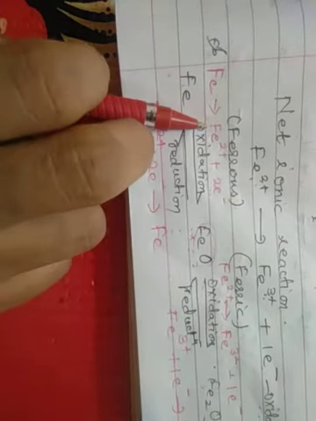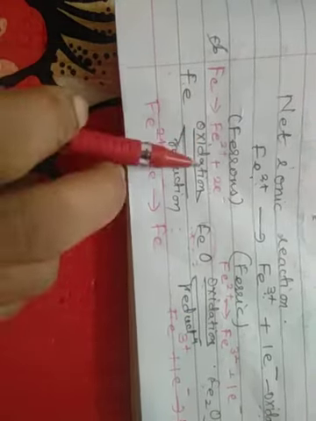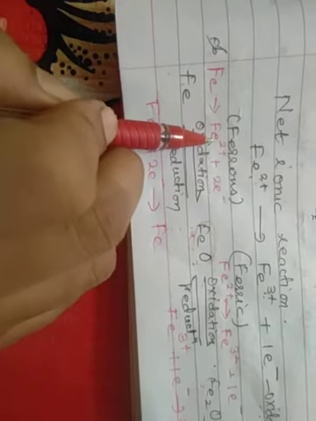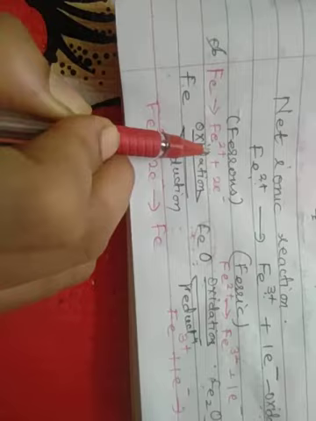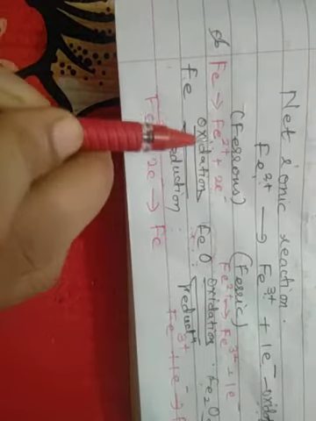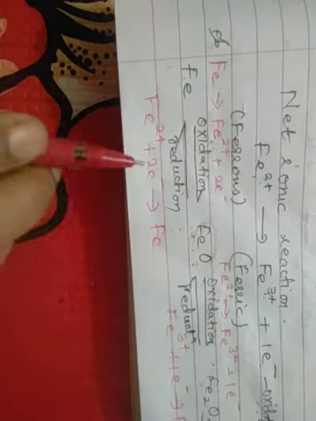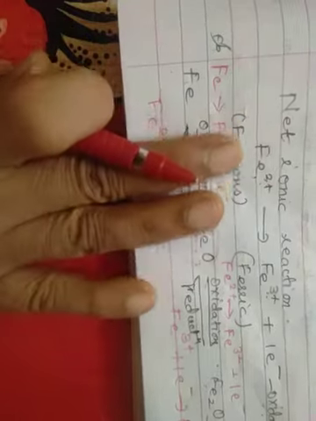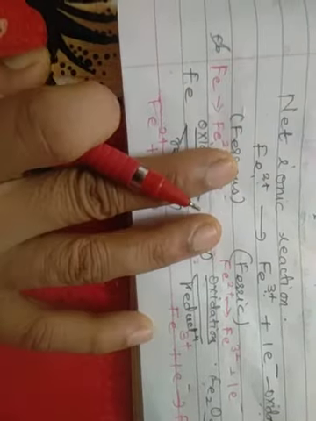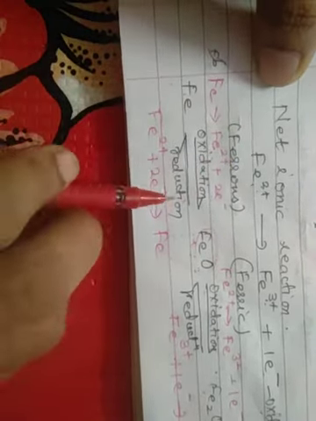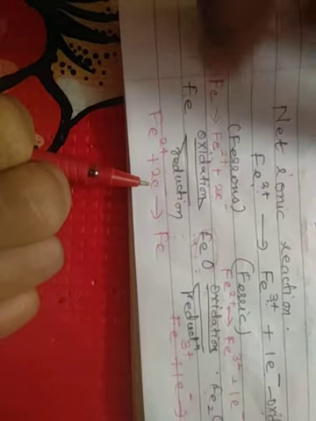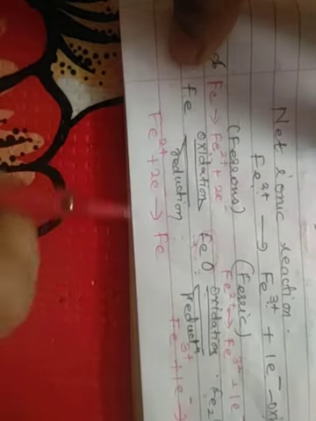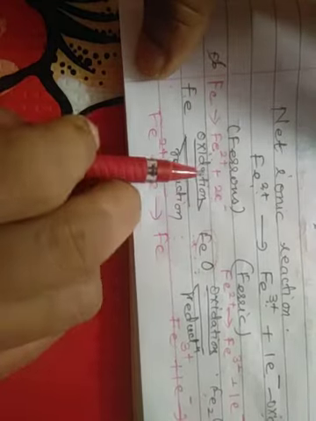So again I can say that when the positive charge on an atom or an ion increases, or when the negative charge reduces on them, it is also called an oxidation reaction.